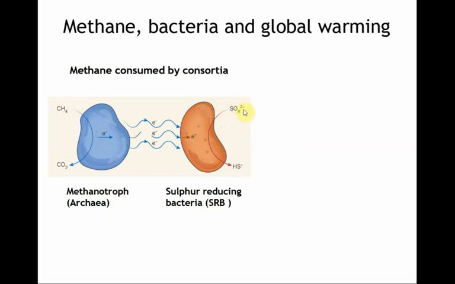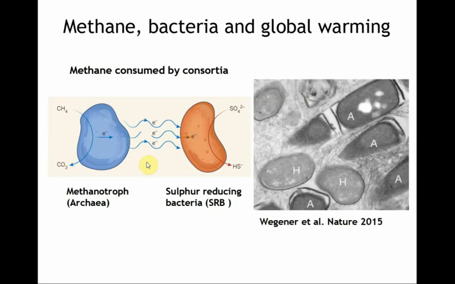Now, the question is, how does this electron transfer occur between the two types of bacteria? What is interesting in this particular consortium, this particular symbiosis, is that the sulfur-reducing bacteria, which are gram-negative proteobacteria, which are called H here, A is the archaeobacteria.